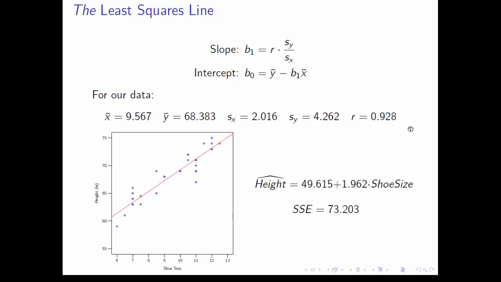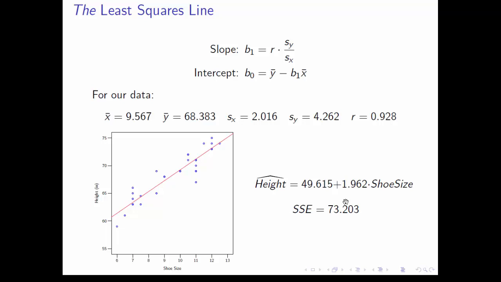Then I just plug that into these two formulas, and I get 49.615 as the intercept, and the slope is 1.962. The SSE of that best line is 73.203.